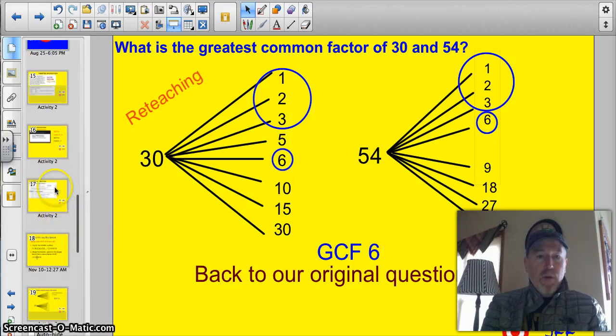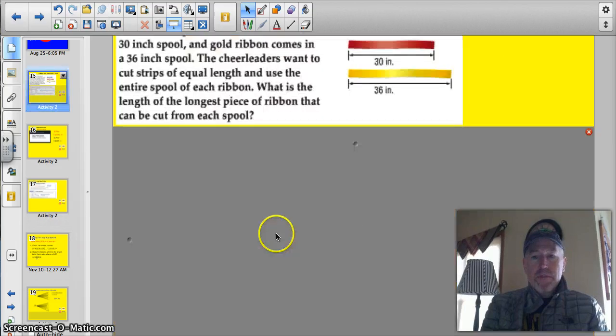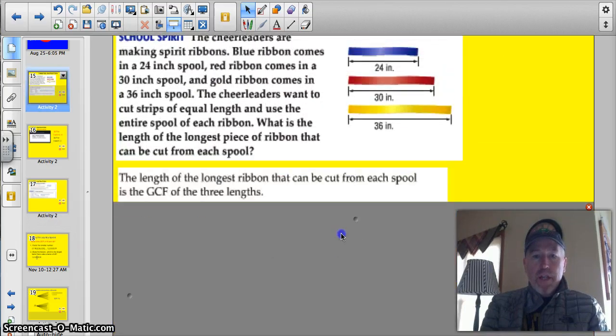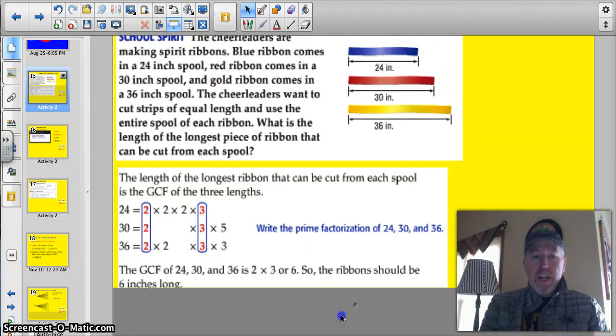All right, let's get back to our original question about the ribbons. Using GCF, they did the prime factorization method here. They took 24, and they got 2 times 2 times 2 times 3. For 30, they had 2 times 3 times 5, and for 36, it factored out to be 2 times 3 times 3.